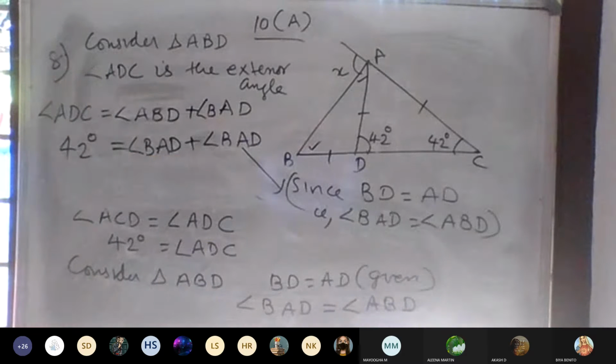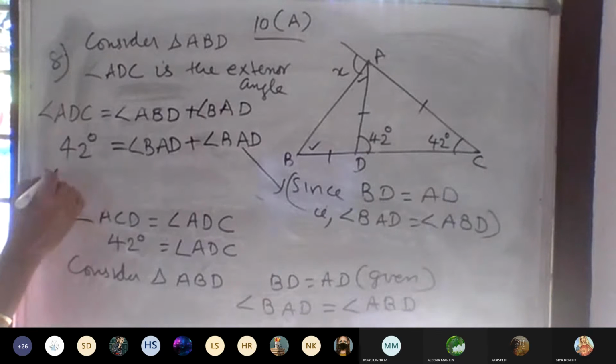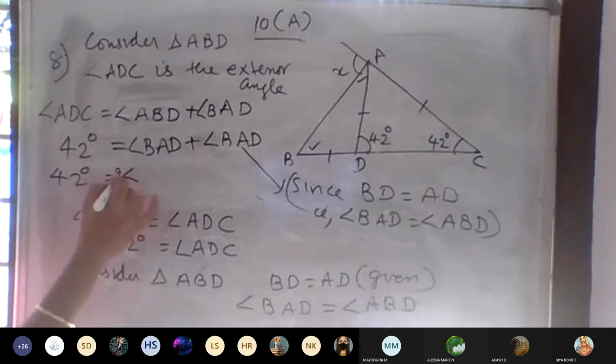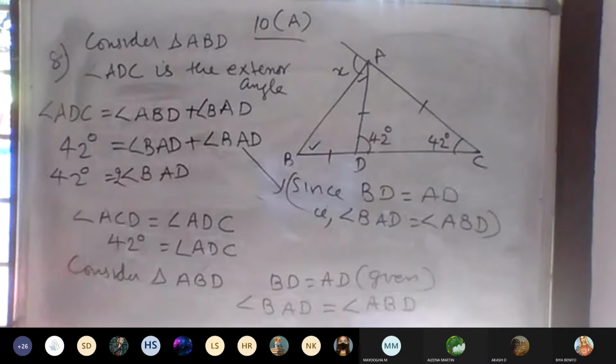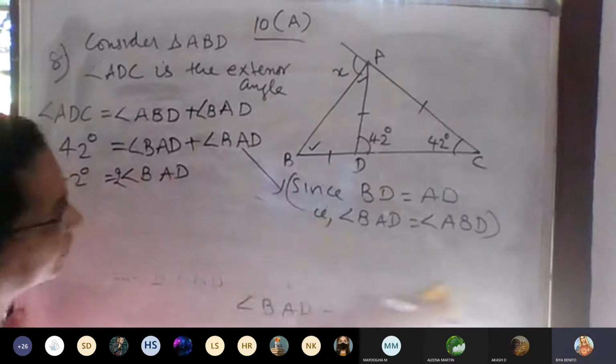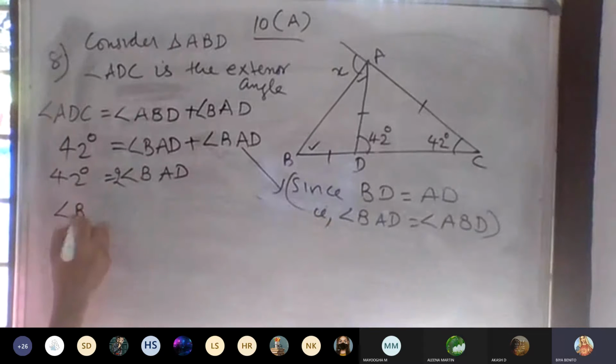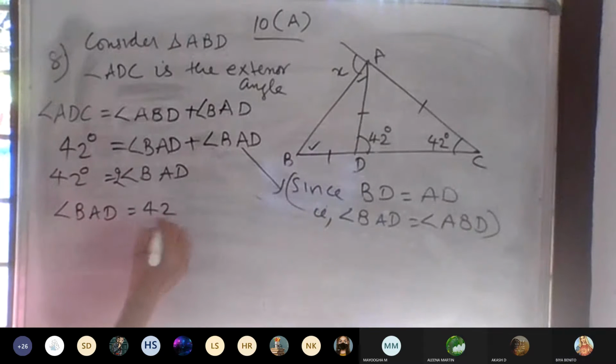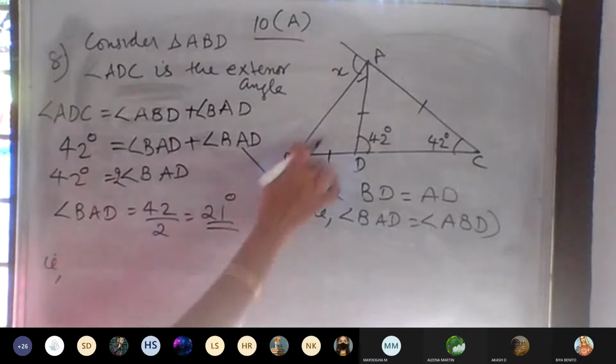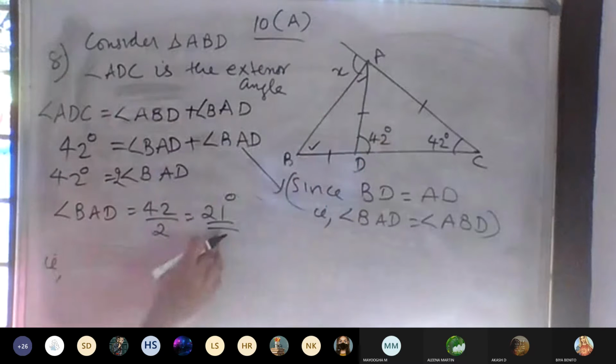So angle BAD plus angle BAD is 2 angle BAD. 42 degrees equals 2 angle BAD, so BAD is 42 divided by 2, which is 21 degrees.